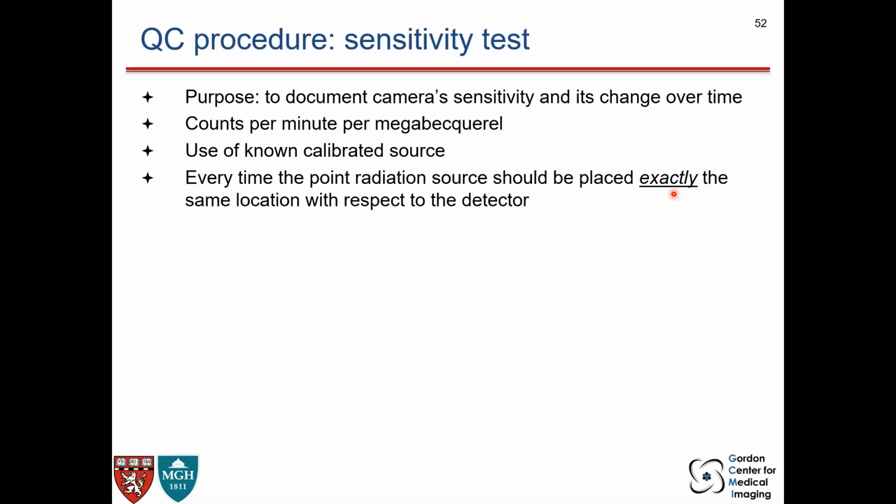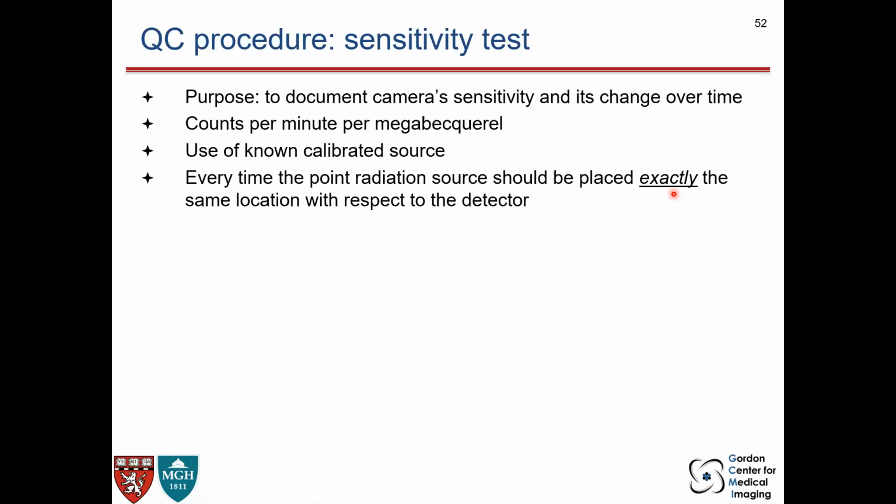Counts per minute per megabecquerel is measured, and you have to use a very well calibrated radiation source to measure the absolute sensitivity of the system.